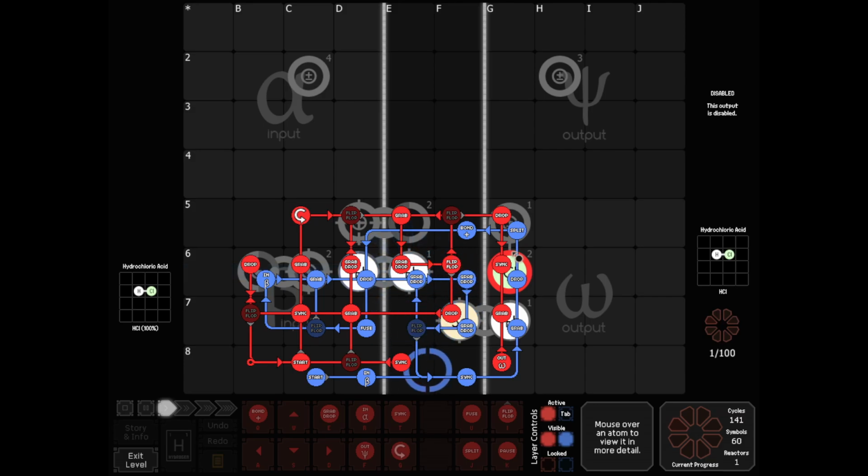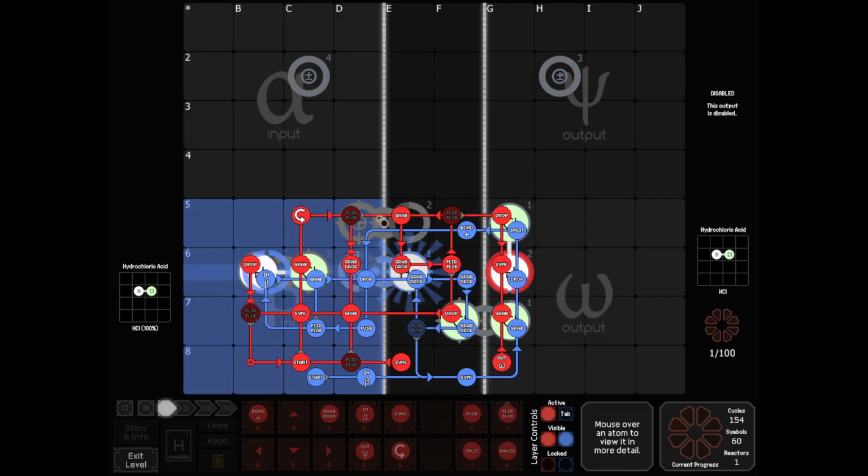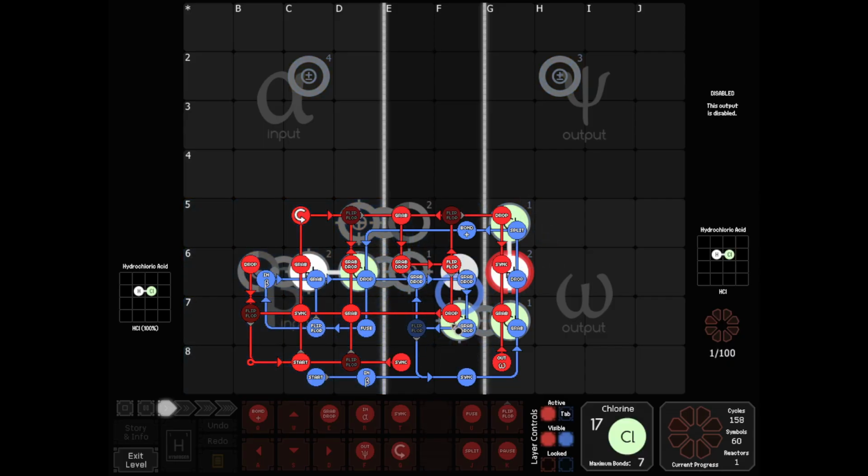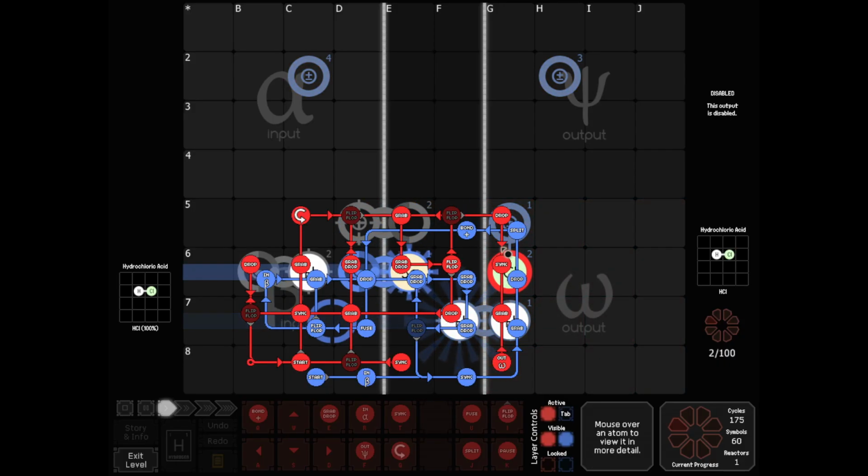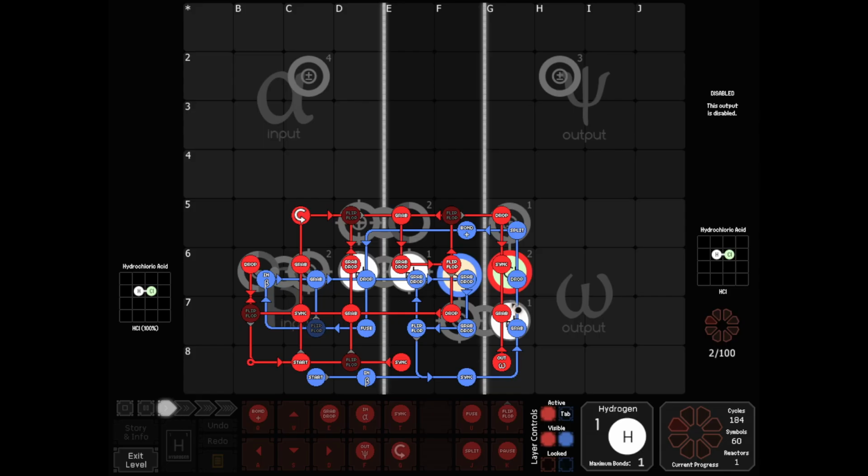Okay, so blue's loop is doing most of the work here, and red is just on a simple loop here with the two things and grab, drop, and output over here.